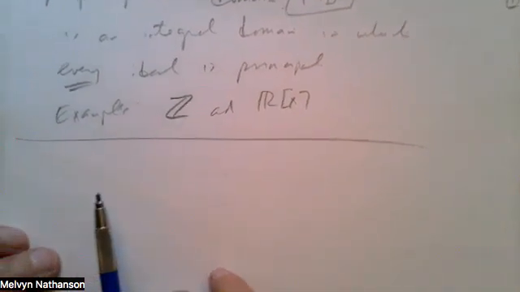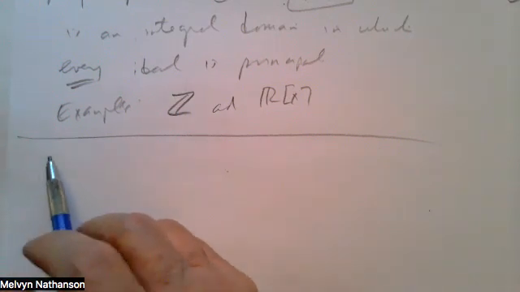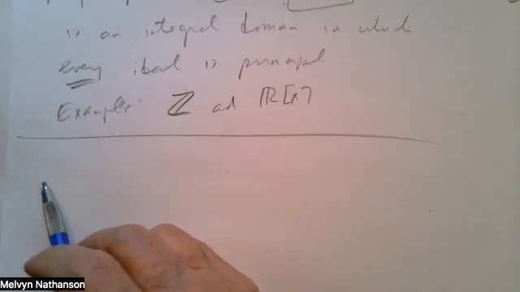Recall that a field is a commutative ring with one where every non-zero element has an inverse.